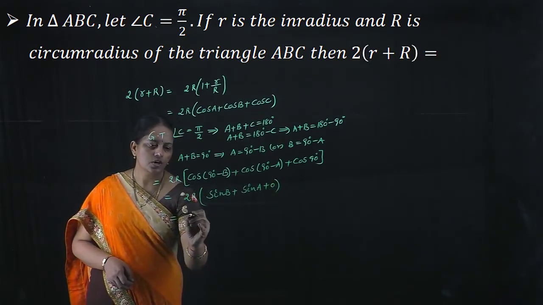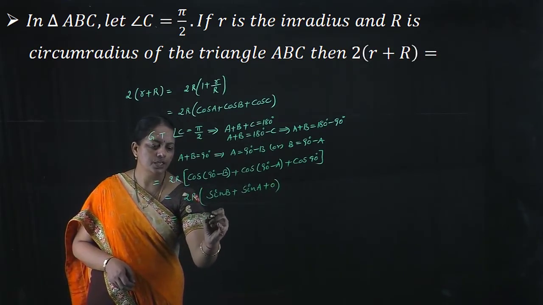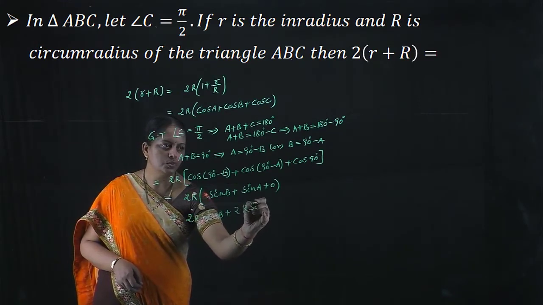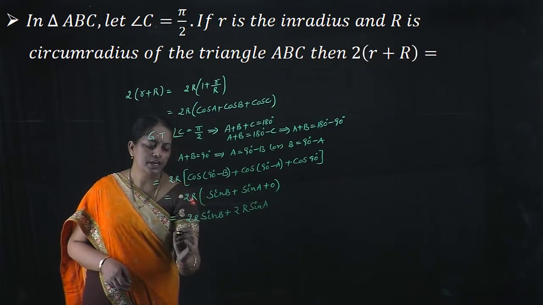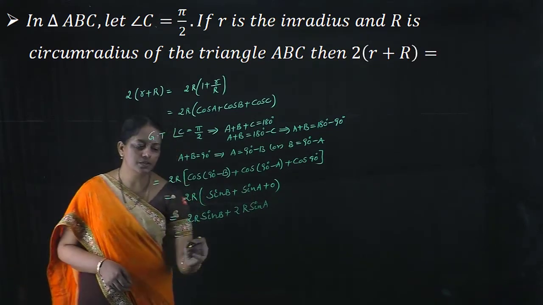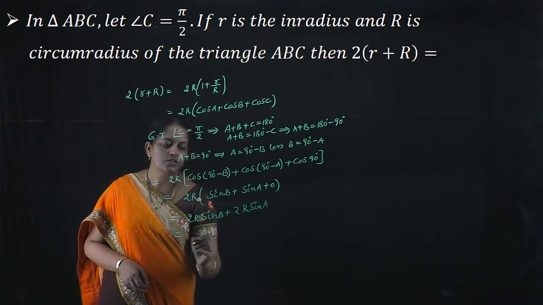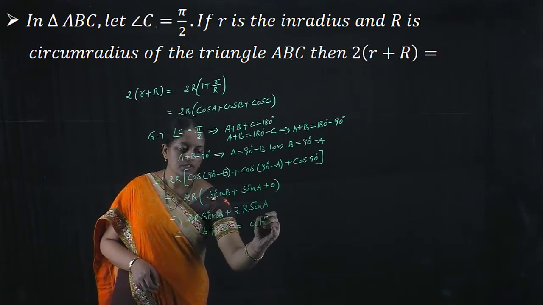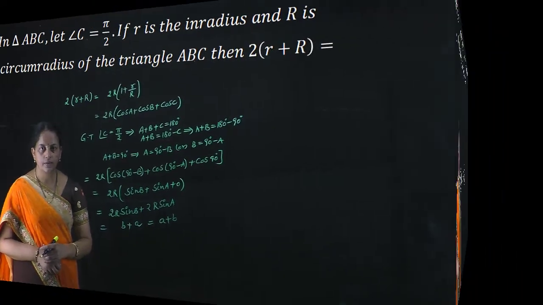This is equal to 2R sin B plus 2R sin A. From the sine rule, we know that 2R sin B is equal to small b and 2R sin A is equal to small a. Okay, this is equal to a plus b.